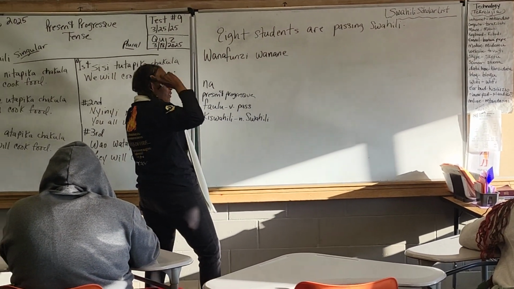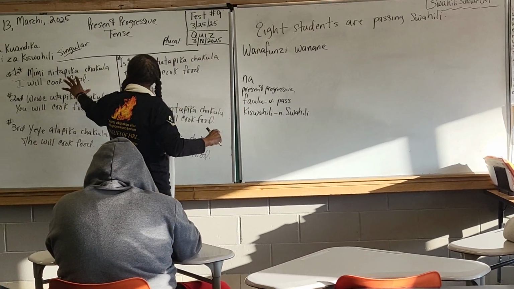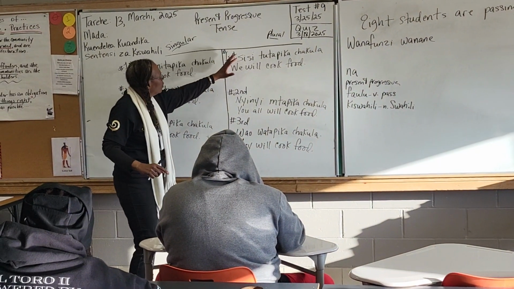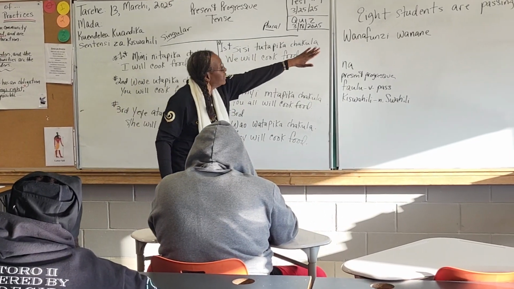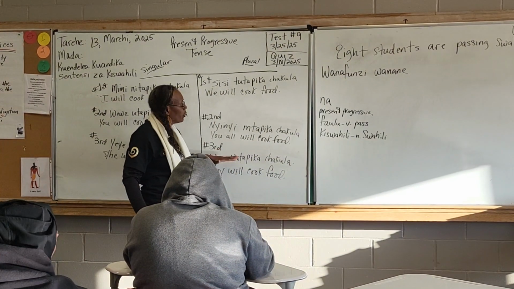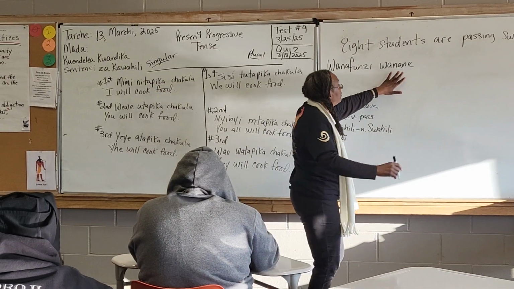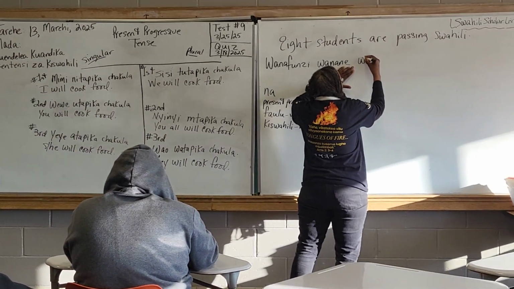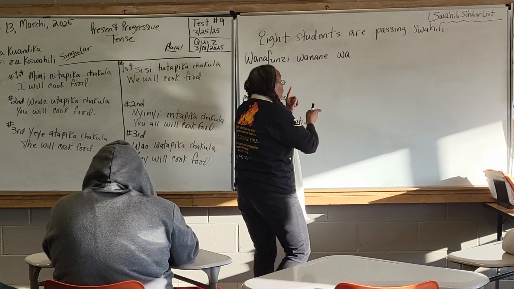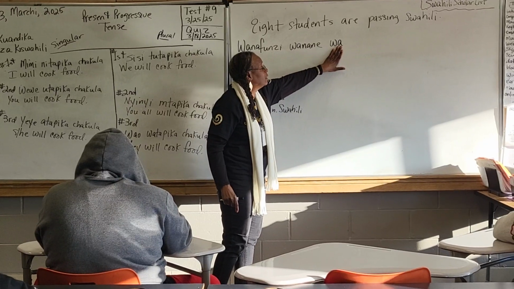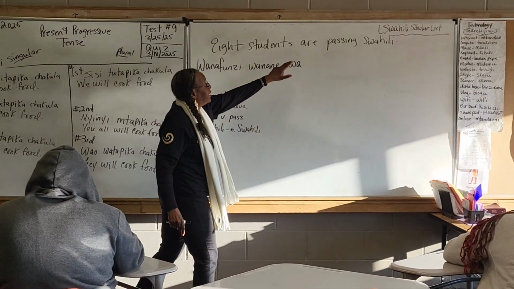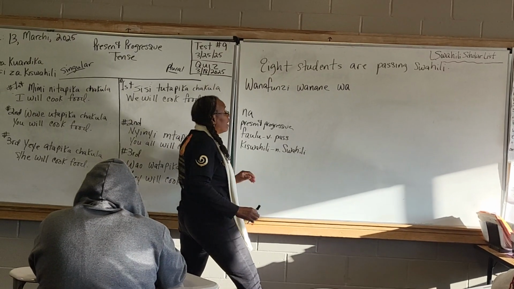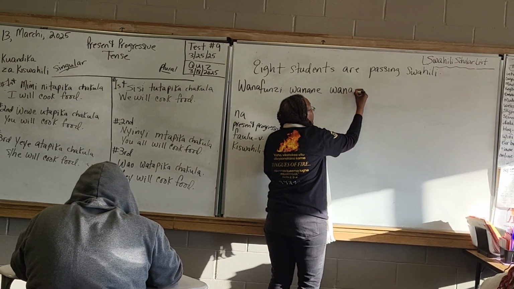Now, the students, is it I, he, she, we, you, all, or they? They. This sentence falls in this category right here. So what are we going to put next? Wa. And they're doing it right now, so what's the tense marker? Na. Very good. Wana.